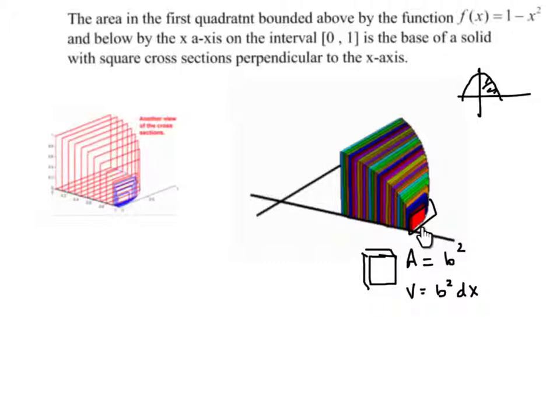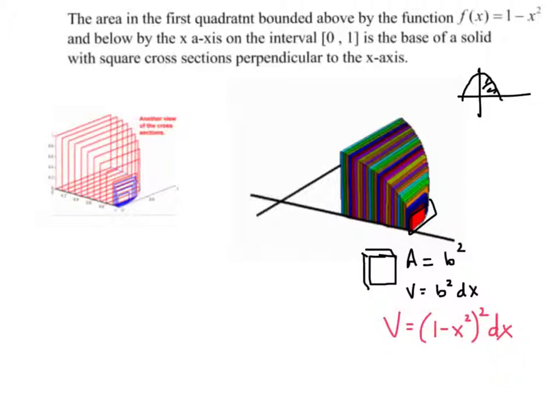Well, the base is dependent on the function. Here, the base is very small, where back here, the base will be very large. So we do a little substitution, and we say the base is set by the function. So here we are. The volume is the area of the square multiplied by thickness.